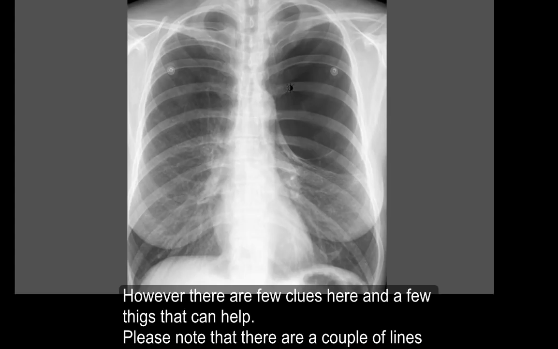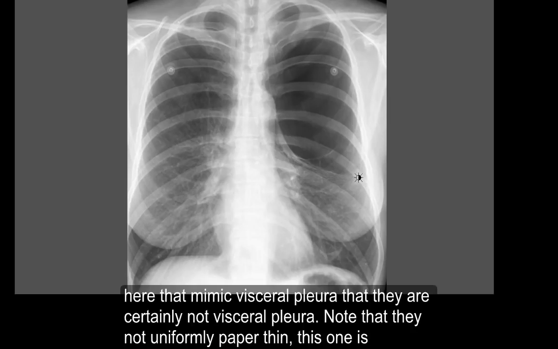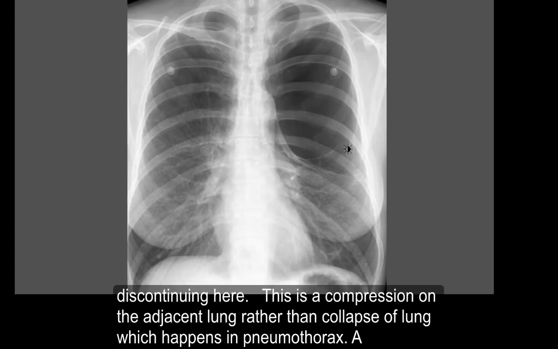However, there are a few clues that can help. Please note that there are a couple of lines here that mimic visceral pleura, but they are certainly not visceral pleura. Note that they are not uniformly paper thin, and this one is sort of discontinuing here. There is a compression on the adjacent lung, rather than collapse of the lung, which happens in pneumothorax.